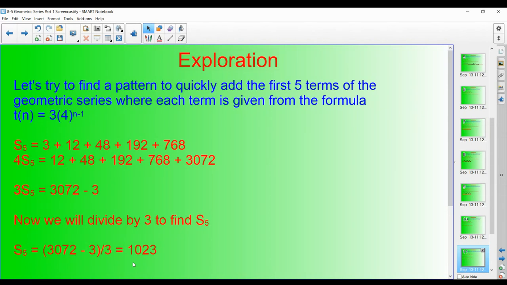Now our job is to put what we just did into a formula. This 3072 is going to be term n plus 1, so the term after. This 3 is going to be my first term. And this 3 we're going to see comes from r minus 1.